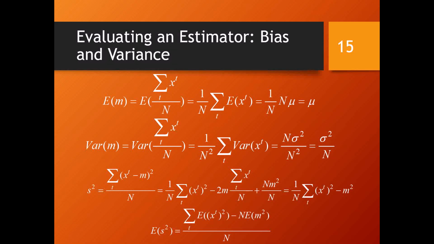And then the variance of xt, we know that this is sigma squared. We totally have t equal to 1 to n, so we have n times sigma squared, divided by n squared, which is sigma squared divided by n.